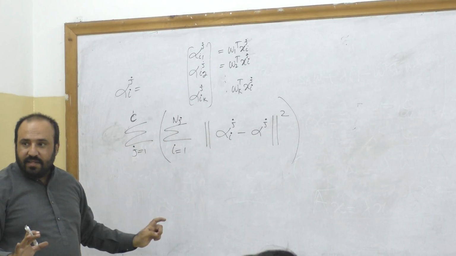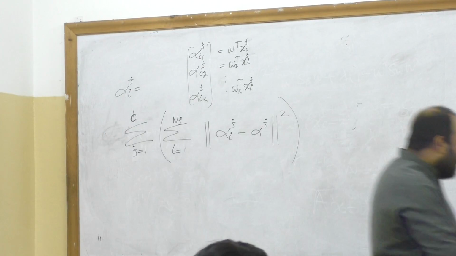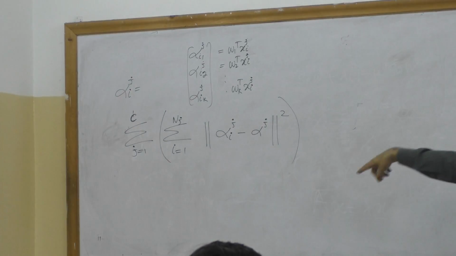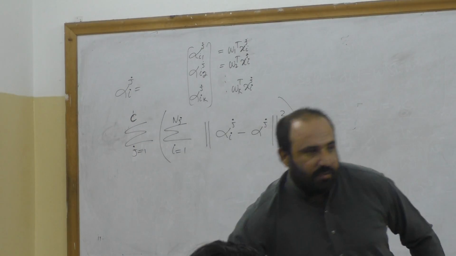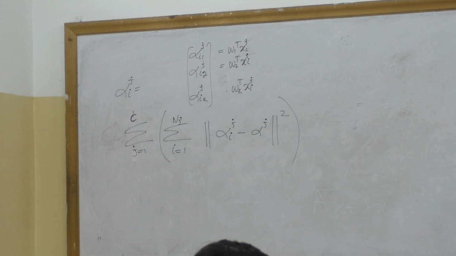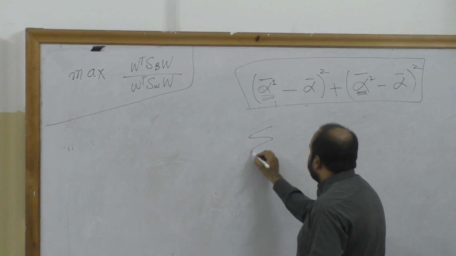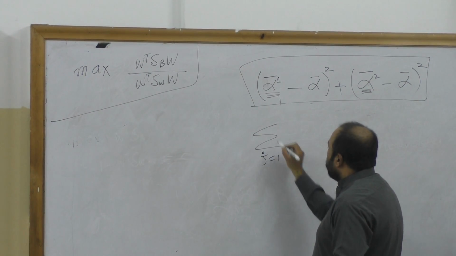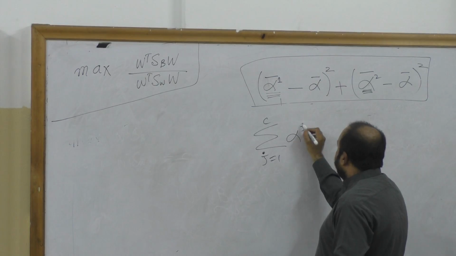The between class variance is the following. Let me explore this and unravel it. Let me write this between class variance in the following way: the sum over j from 1 to c of alpha j bar minus alpha bar.